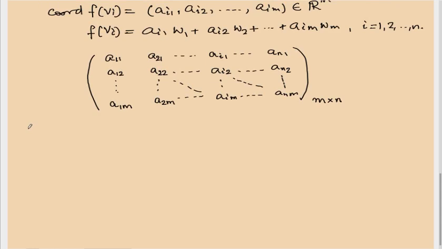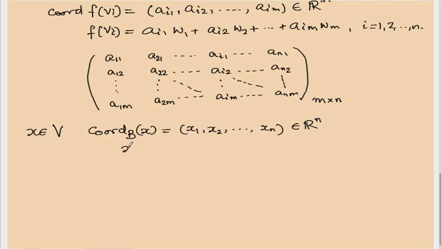Suppose I take any x from V, and suppose the coordinates with respect to B of x are x1, x2, up to xn from Rn. So x is actually x1 times v1 plus x2 times v2 plus up to xn times vn.